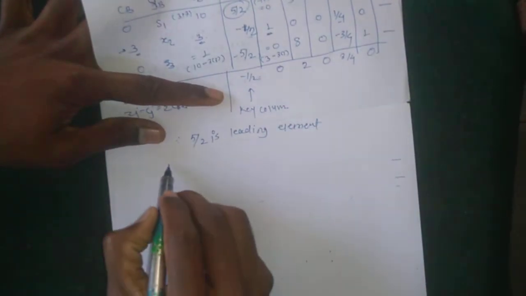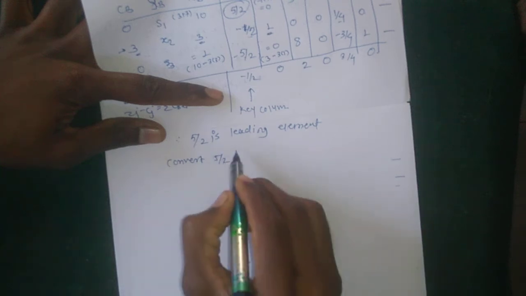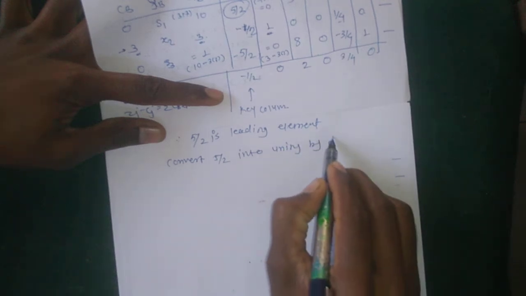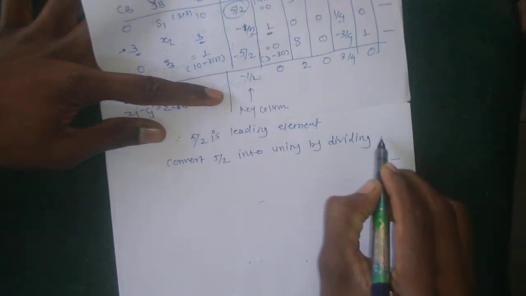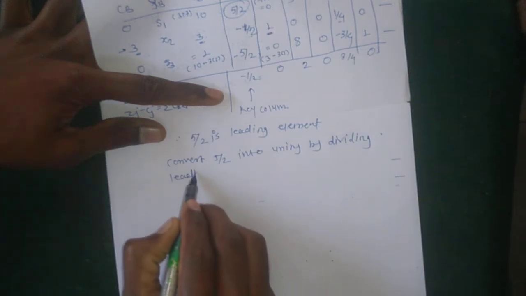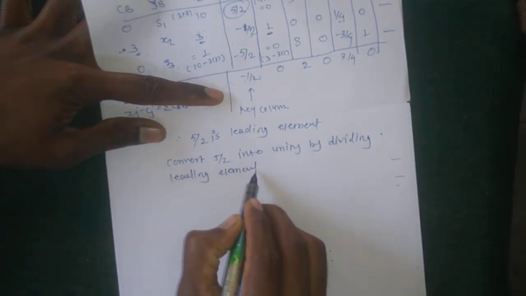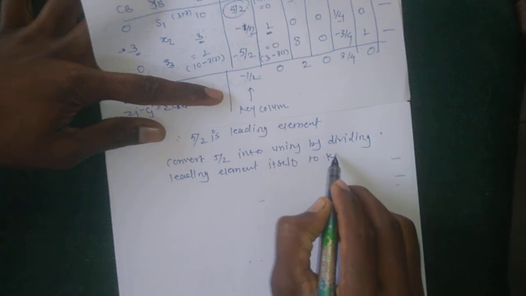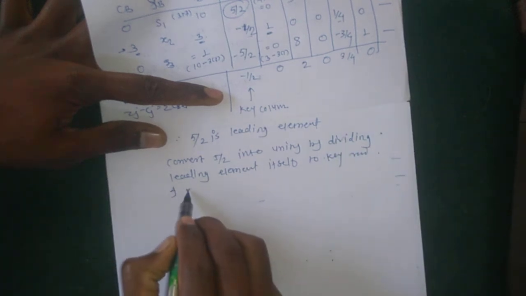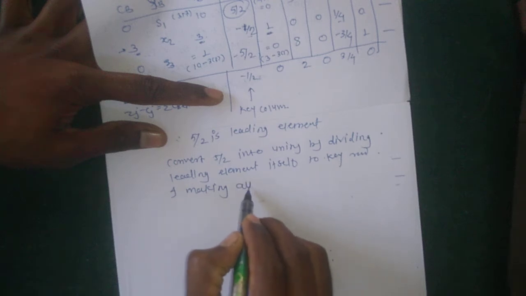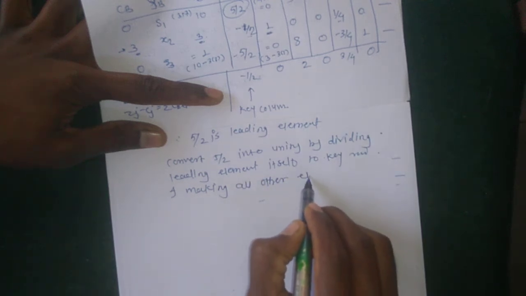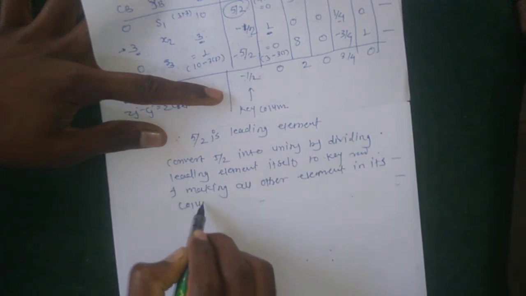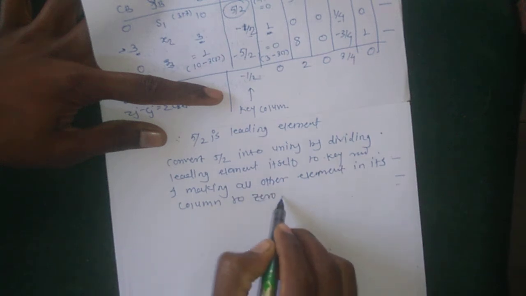We convert the leading element 5 by 2 into unity by dividing the key row by the leading element itself, and making all other elements in its column 0.